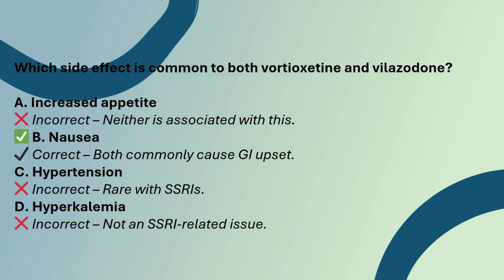Neither is associated with that. Hypertension is very rare with an SSRI. And hyperkalemia, that is not an SSRI related issue. So I hope that's a helpful way for you to remember it when I tell you that the main reason people stop vilazodone or vortioxetine is nausea.